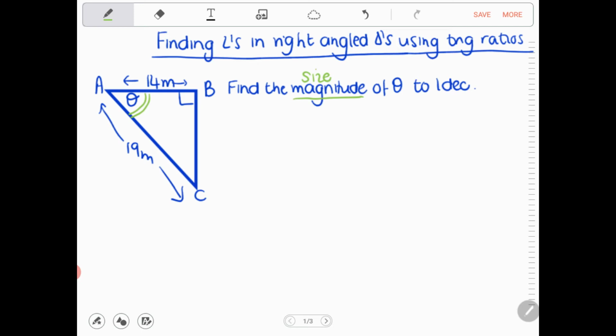We're looking for an angle, so our answer is going to be in degrees. We must remember that. And we're going to follow steps that are similar to yesterday. So the first thing we do is we name the sides using the angle we've been given.